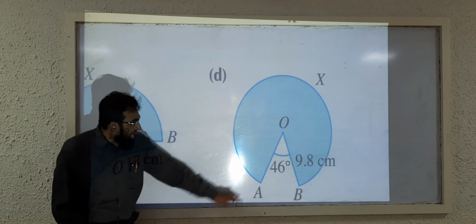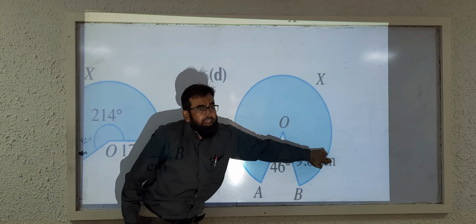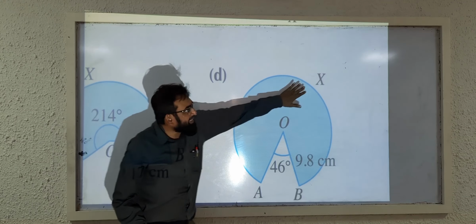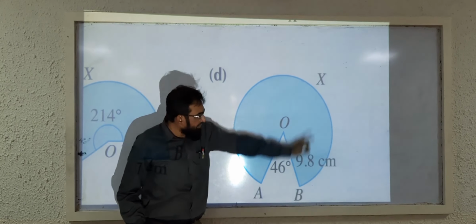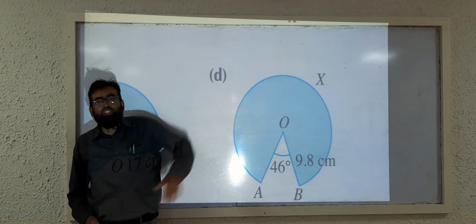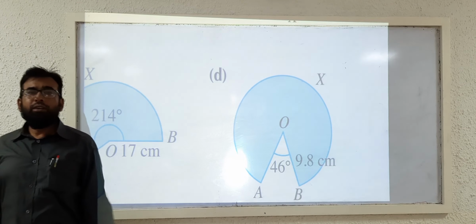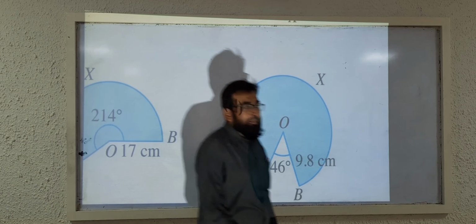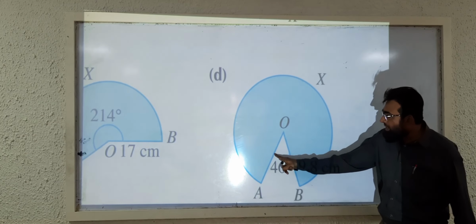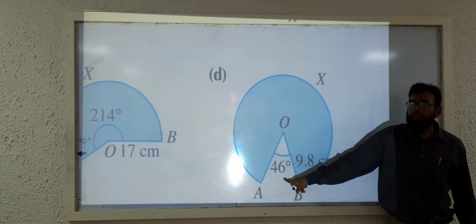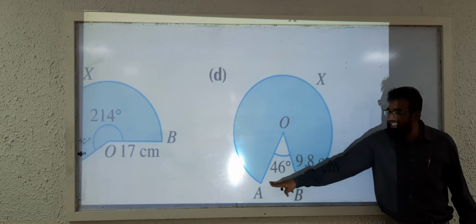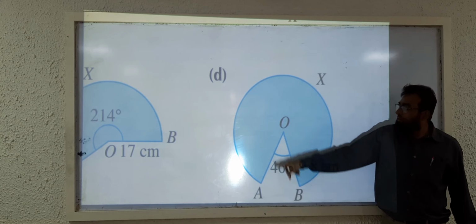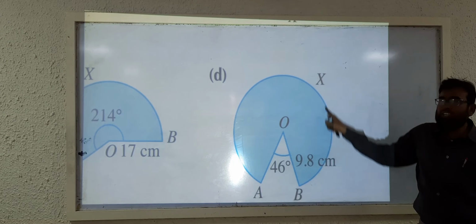Now we have to find out the arc AXB, as the examiner gives you. Subtract 46 from 360. Here you can see the angle is given for this portion of the sector. We have to find out the arc AXB.